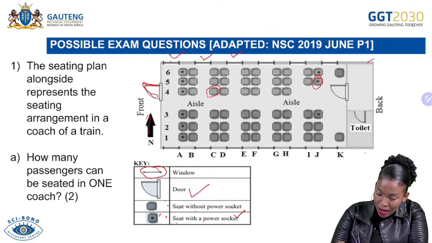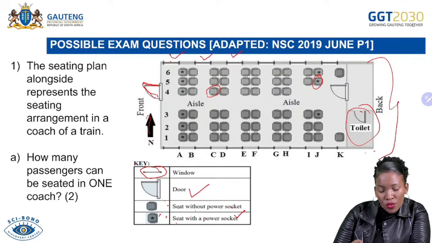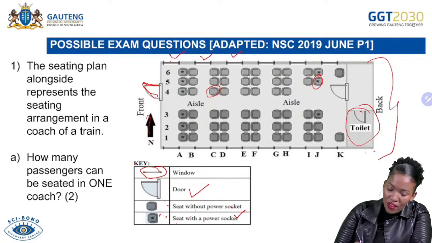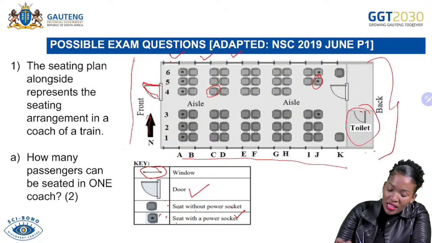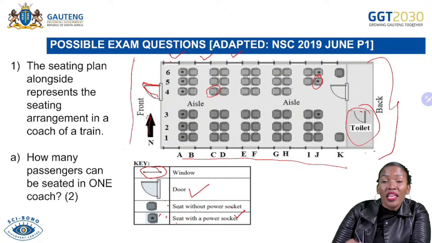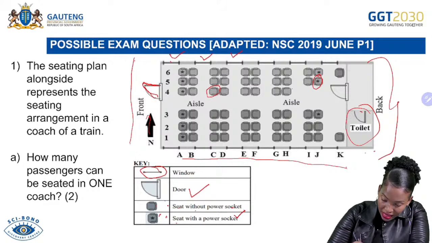And then this is the back of the coach. We've got a toilet here. There's also a numbering system that is used for this coach. It's more like a grid reference. We've got the alphabets this side, and the numbers that side. For example, if I wanted to locate seat number F6, this is F, this is the number 6.